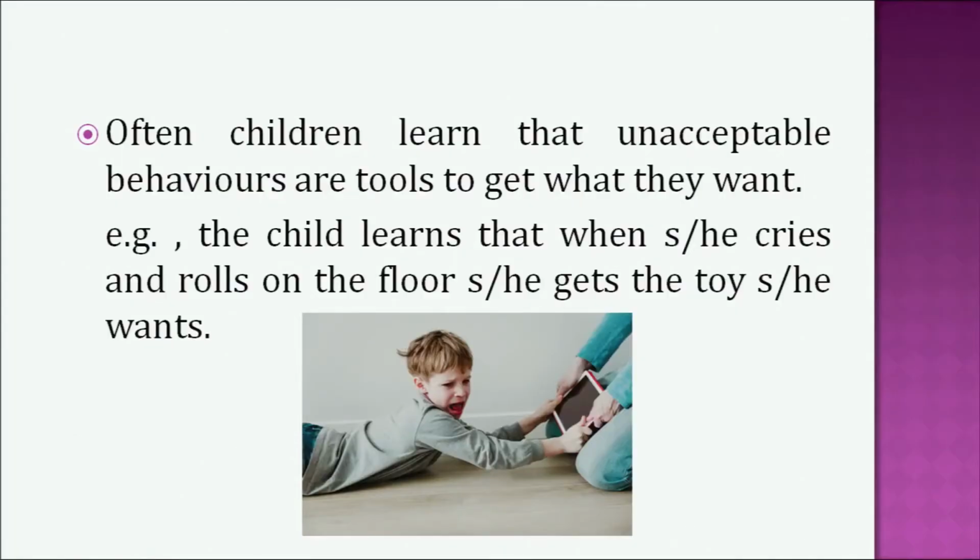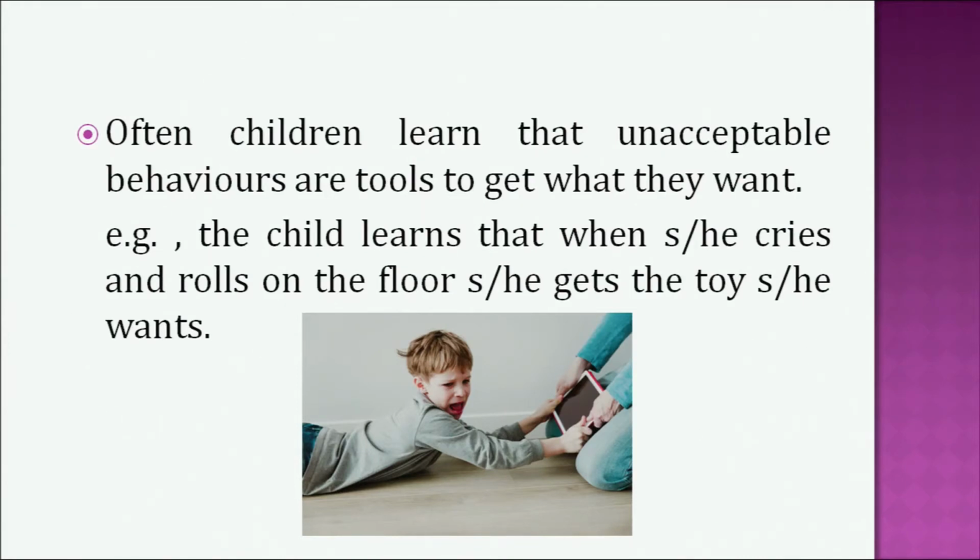You might have seen children lying down on the roads or on the floors asking for whatever they want at whatever time. That means often children learn that the unacceptable behaviors are the tools to get what they want. Sometimes it has been seen that when children show such kind of behavior, then in order to stop them from doing this, the parents give in to their demands.